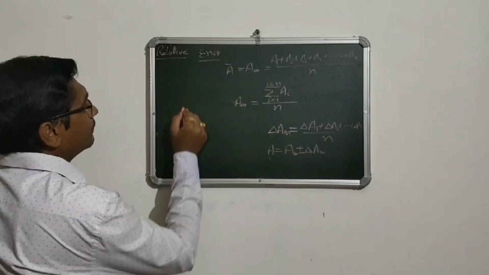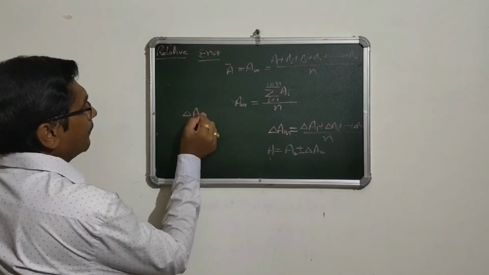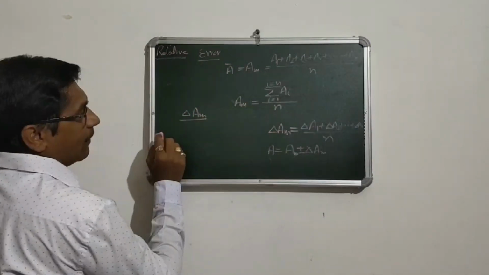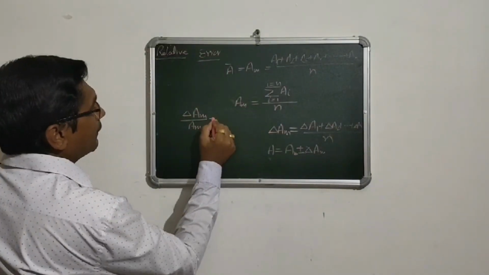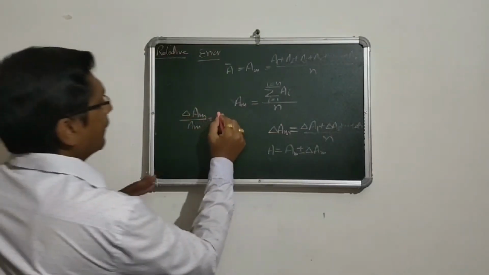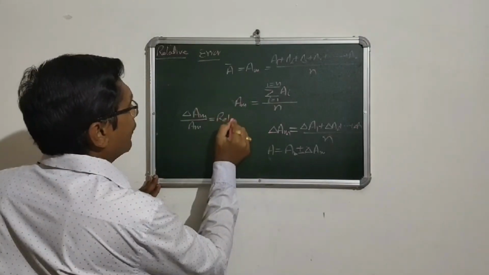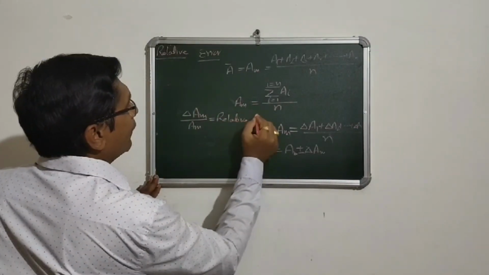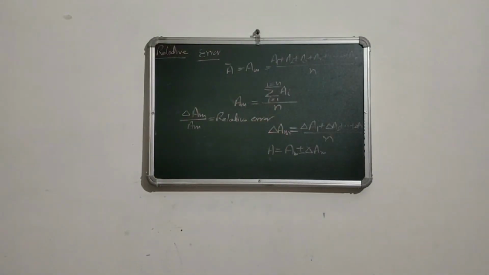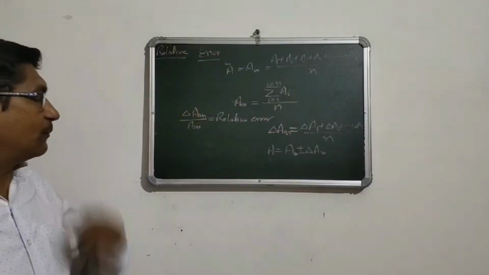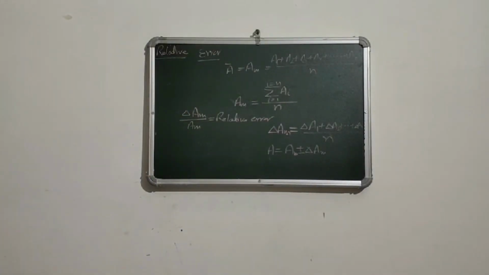What is relative error? It is the ratio of the absolute mean error and the mean value.